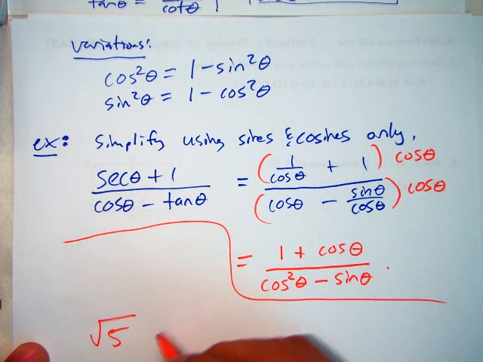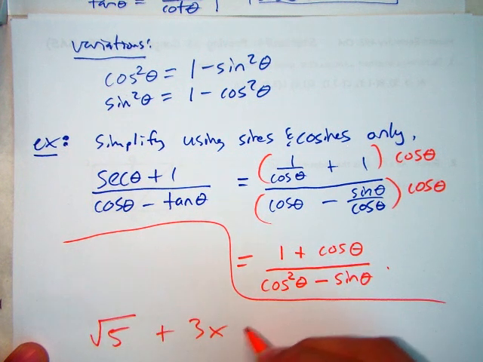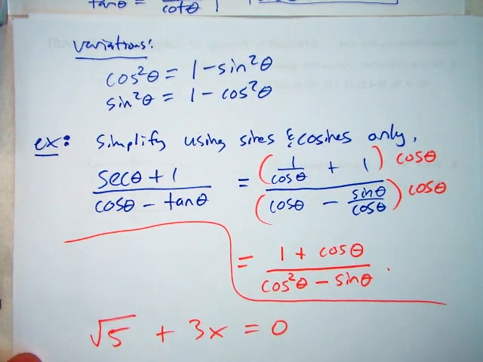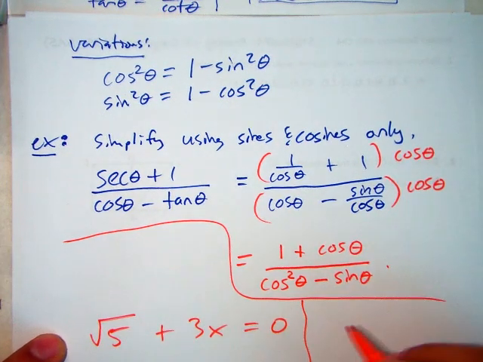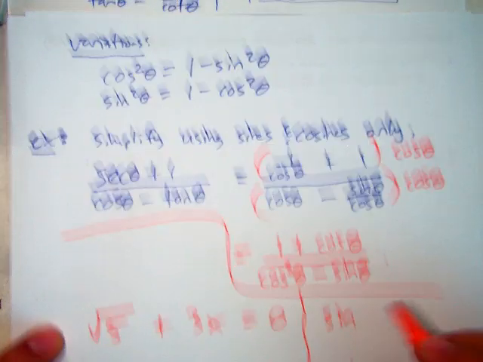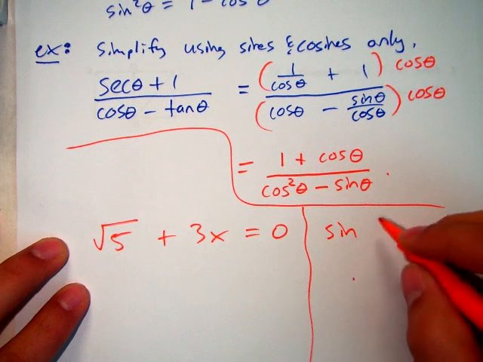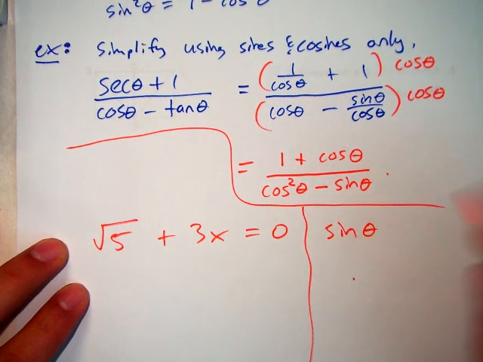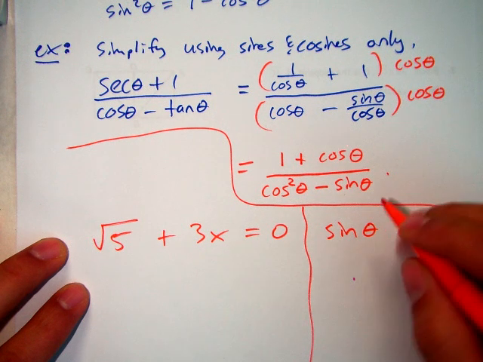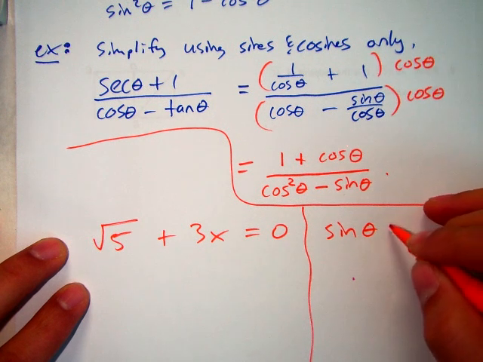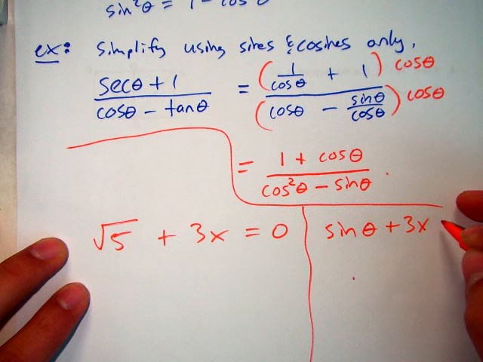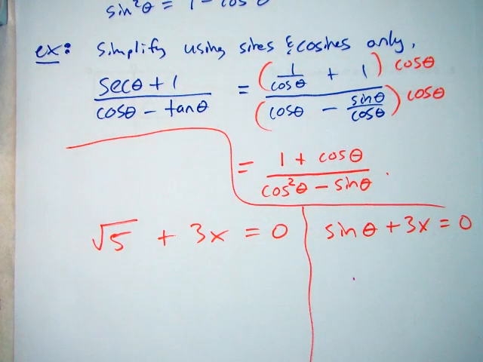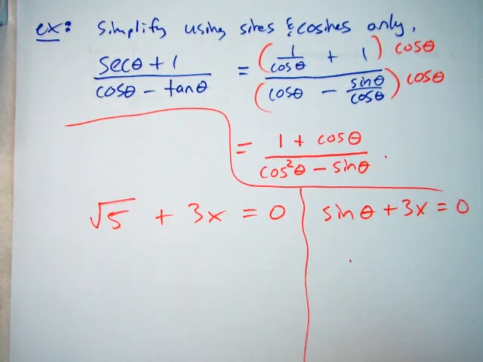Square root of 5 plus 3x equals 0. Okay, now watch. How do you get x alone here?